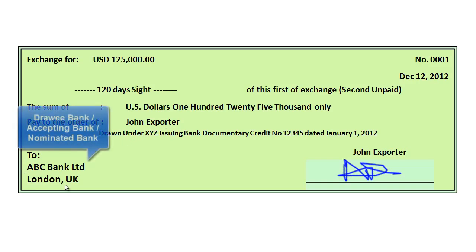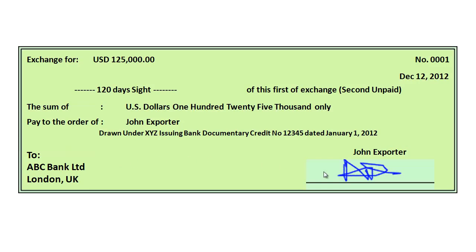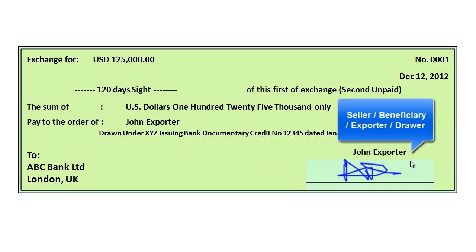And this is the drawee bank, that is the accepting bank that is authorized by the issuing bank to accept and pay the seller, and it is signed by the exporter, seller, or beneficiary, or a drawer.